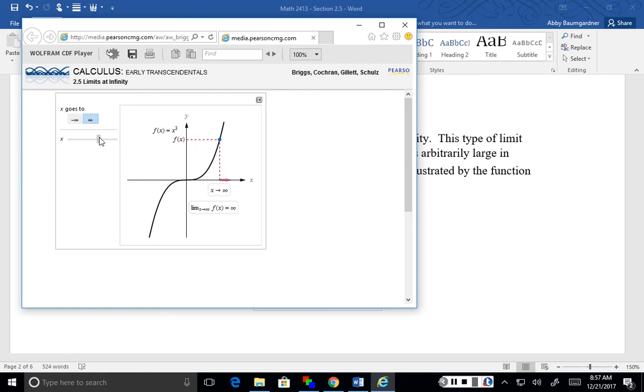If we move to the left, eventually we see that the graph itself is moving downward. Now this graph could be pointed up like this, whatever. The point is that as you move to the edges of the graph, the ends of the graph are shooting off to infinity or negative infinity.